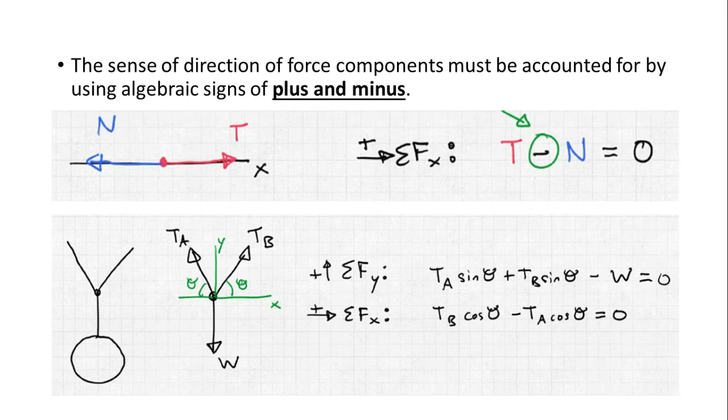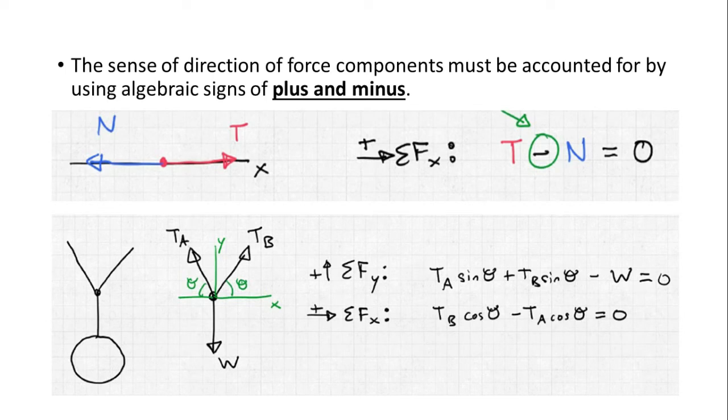Okay, so now the sense of direction of force components must be accounted for by using algebraic signs of plus and minus. You have to be very careful which force is going to be plus and which force is going to be minus when you perform this.